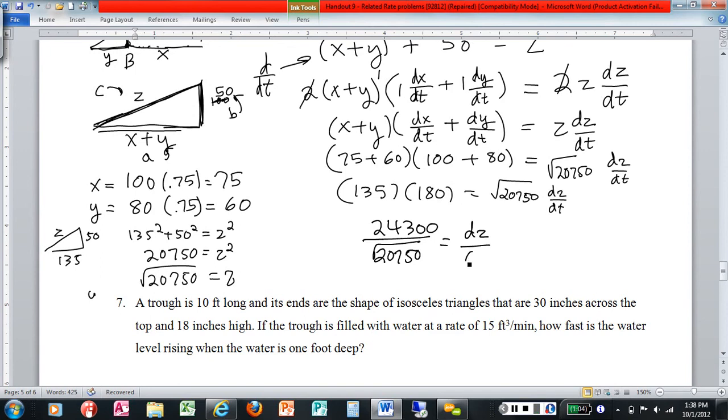So what is dz dt? I get it to be 168.69, 168.7. And that's miles per hour.